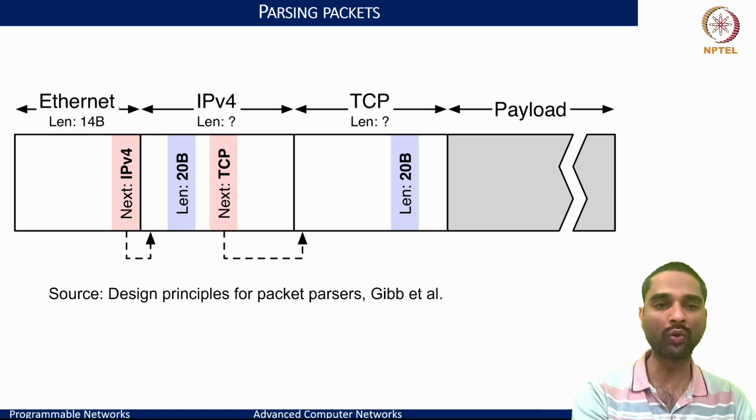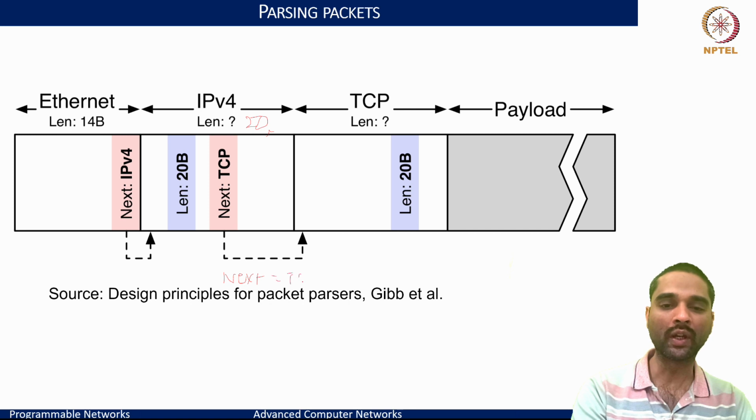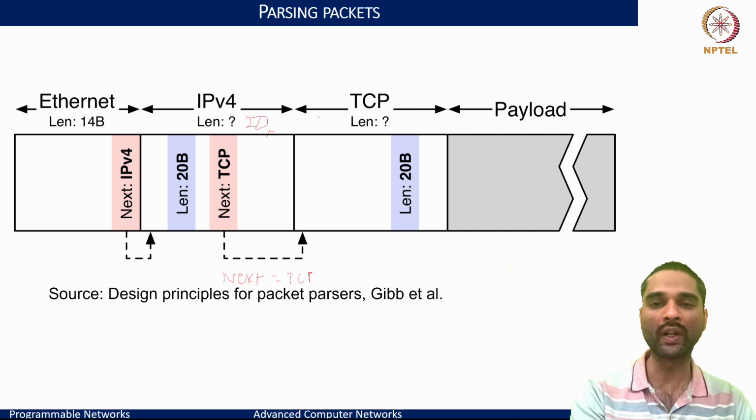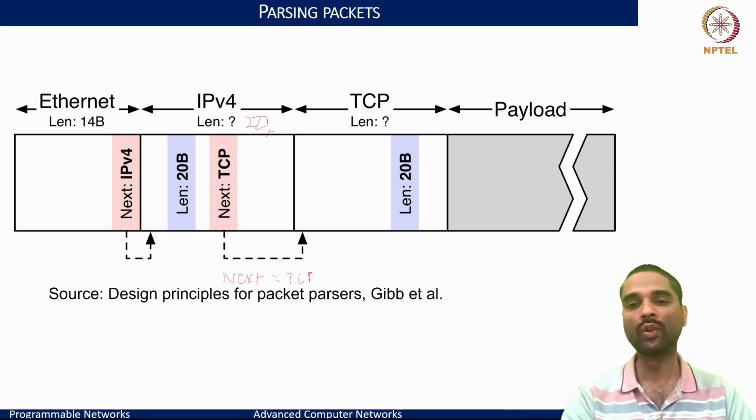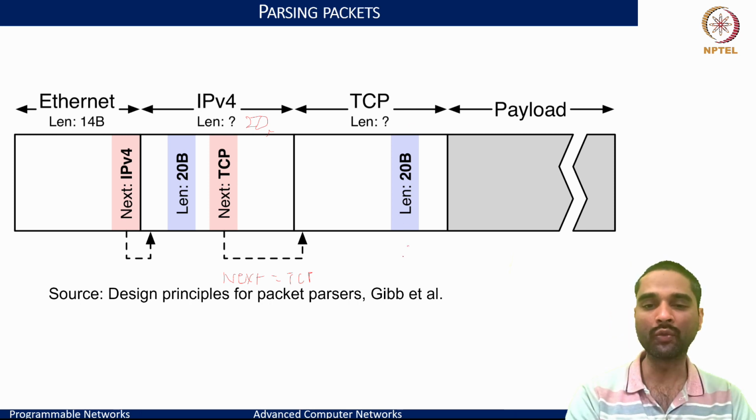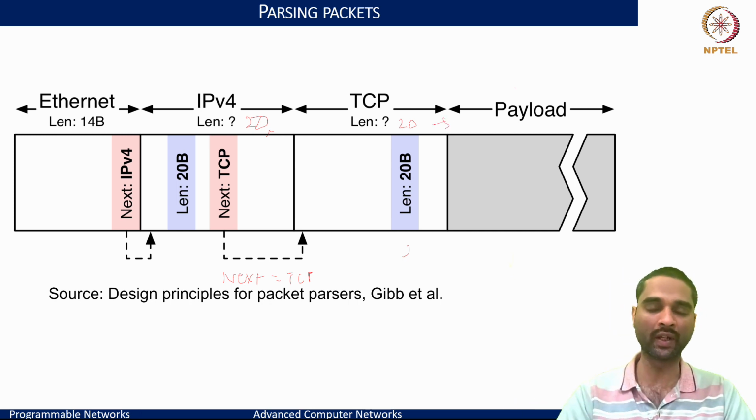So as you progress in each stage, you would mark, okay, my length currently is 20 bytes and my next is TCP, and that's how you keep on adding the offset and then move again at the TCP layer. You would see, okay, my next length is 20. You would add that much and go further if there were any other headers that you would want to parse.